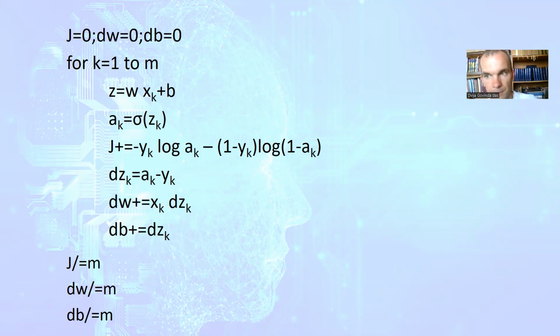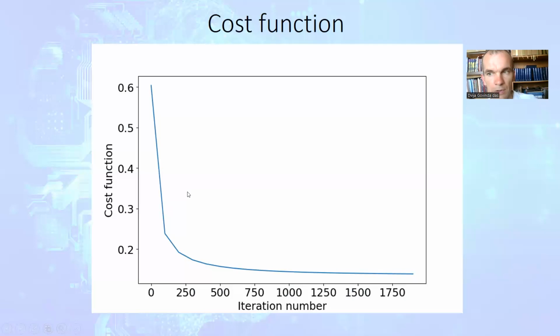Okay, let's finally consider this example of applying the gradient descent method to the set of data which we considered in the previous video and at the beginning of this video. So this is how the cost function descends with the growth of the number of iterations.